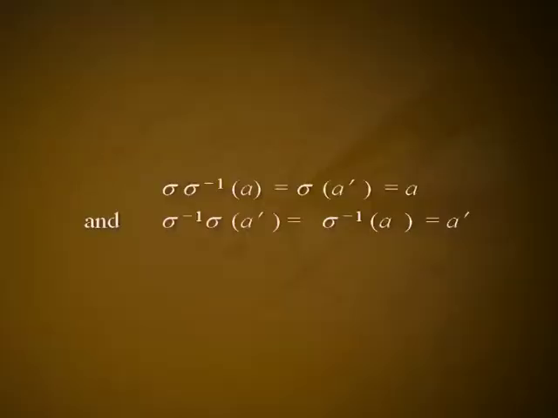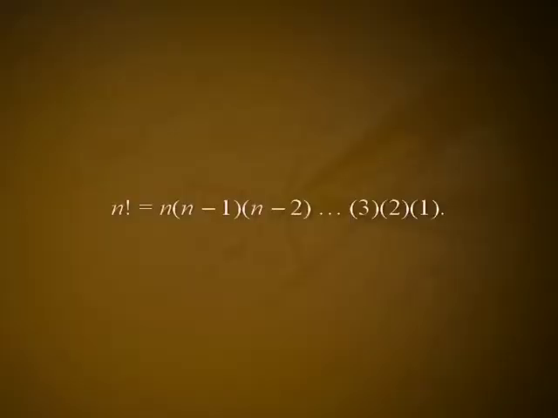It is clear that σ(σ⁻¹(a)) is equal to σ(a'), which is equal to a, and σ⁻¹(σ(a')) is equal to σ⁻¹(a), which is equal to a'. So that σ∘σ⁻¹ and σ⁻¹∘σ are both the identity permutation I. Thus, G3 is satisfied. This completes the proof of the theorem.